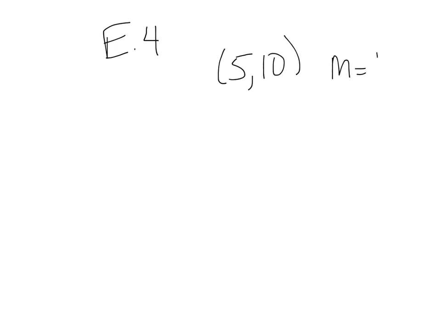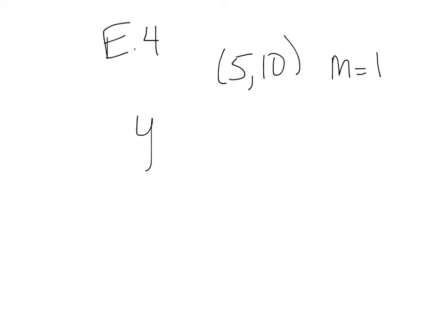Okay, onwards to E4, equations of lines. A line that includes a point 5, 10 has a slope of 1. What's the equation in slope-intercept form? So, before we go to slope-intercept form, let's put it in point-slope form, what we just did.